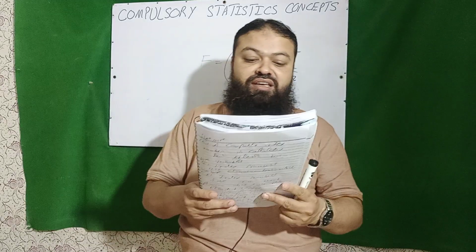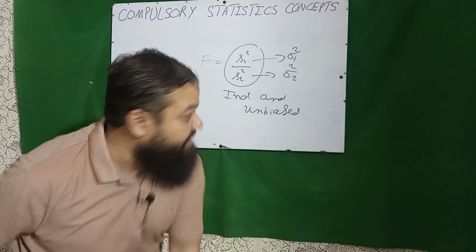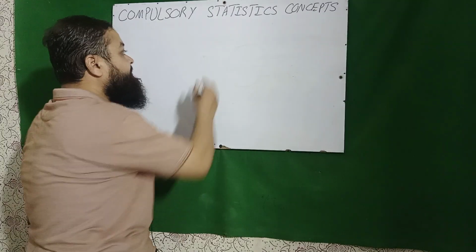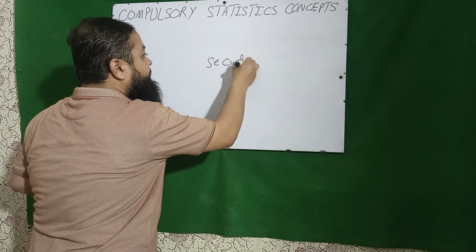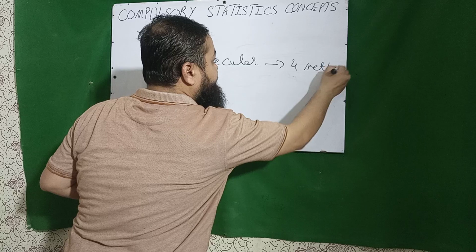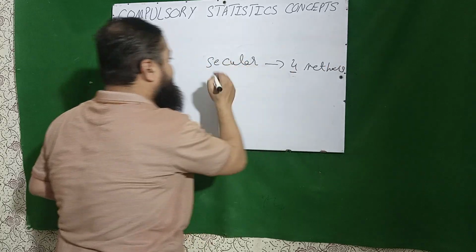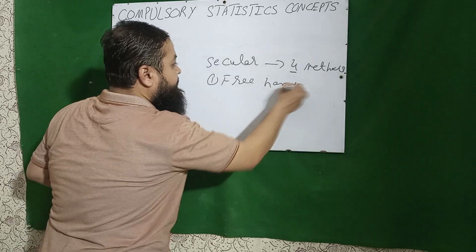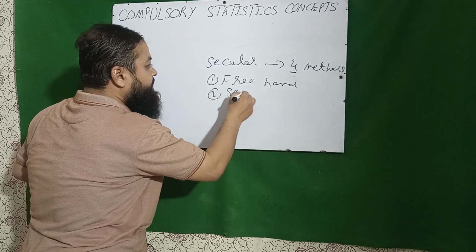Next question is, secular trend is measured by. Dear students, secular trend is always measured by 4 methods. It is a very important question. This is the answer. 4 methods. Number 1 is freehand curve method. Number 2 is semi-average method.